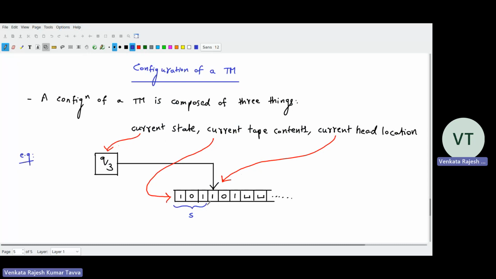So before the head, we call it S, and after the head, including the current symbol, we call it T. Sometimes we may need to deal with the current symbol and its neighboring symbols. In that case, we separately mention those symbols and group the remaining parts under variables. So sometimes we group this into U and this into V.